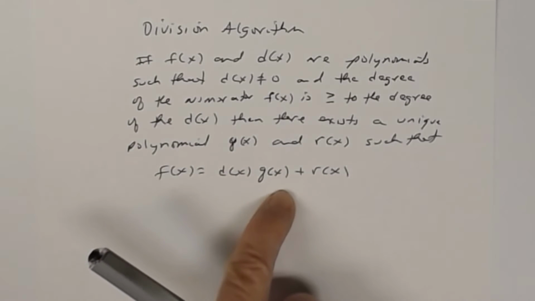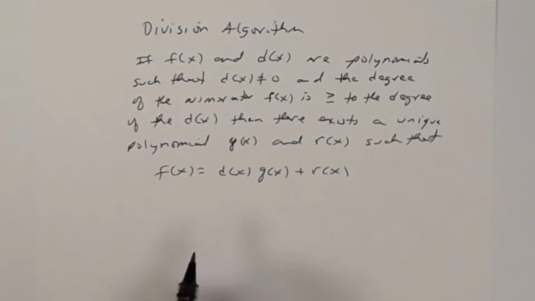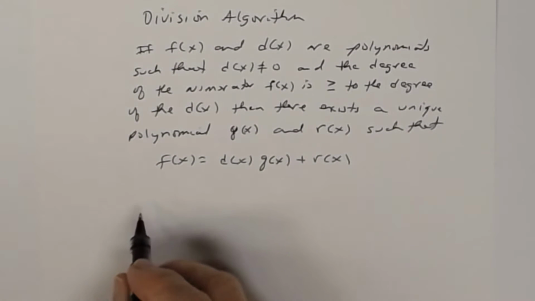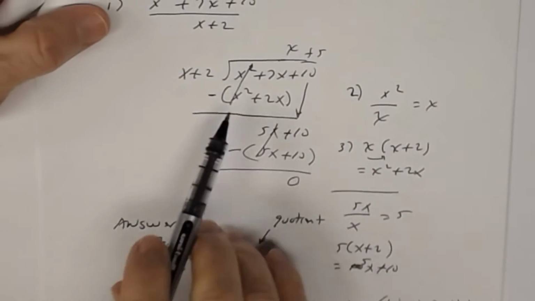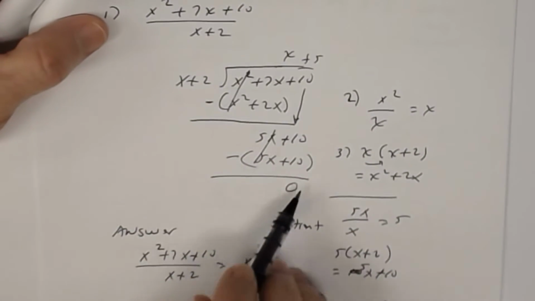Okay. All right. Now, the other thing I want to remind you is this. So remember we talked about this example here. Okay. So remember when we did that first example, and when we did that long division, we got a remainder of 0.